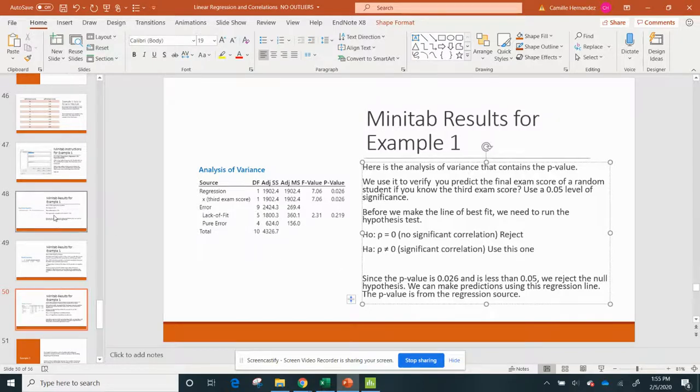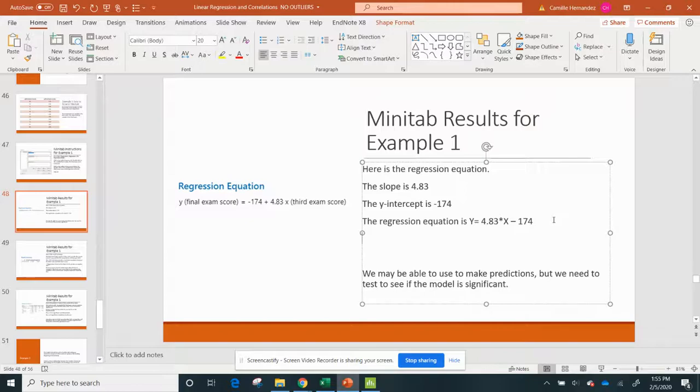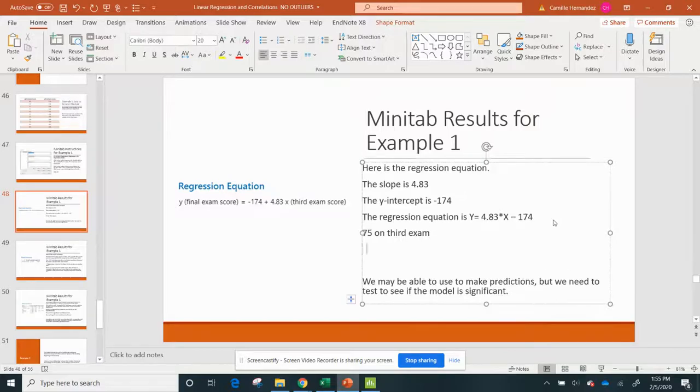So what does that mean? Well, I'm going to go back up to my equation line. Say I had a student who had a score of 75 on the third exam. What would they make on the final? I would do y equals 4.83 times 75 minus 174.